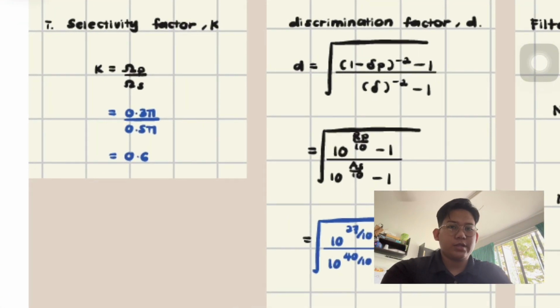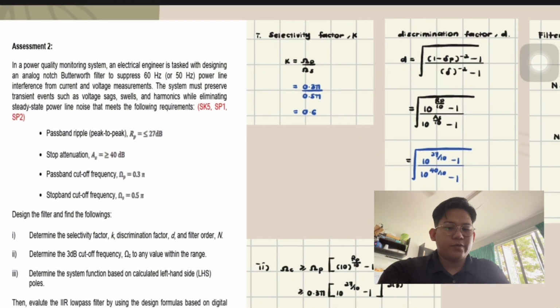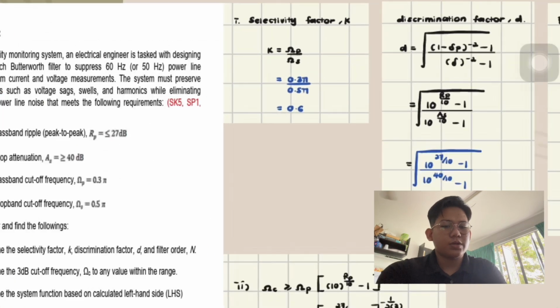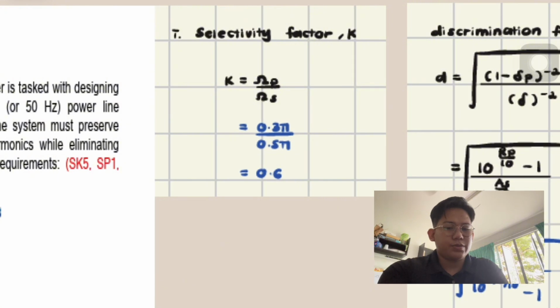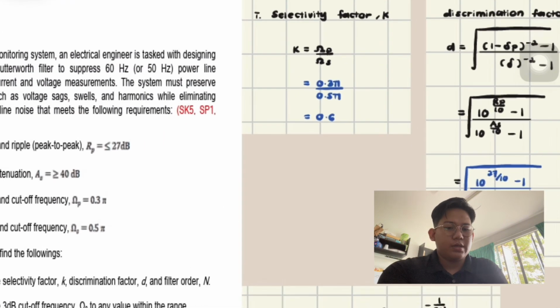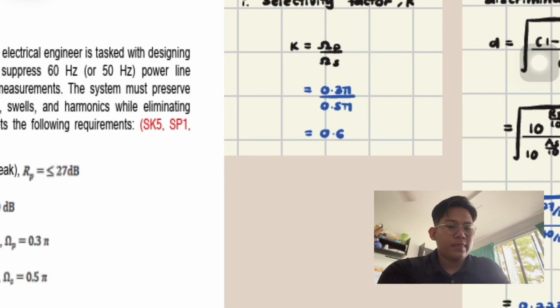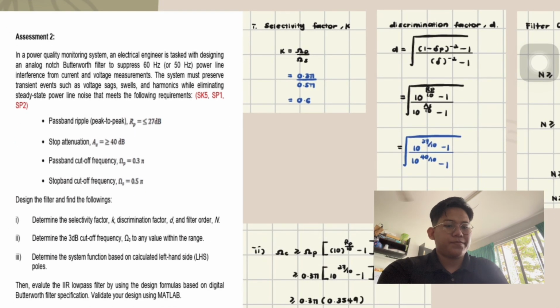As you can see, the selectivity factor K equals omega P over omega S, and from the question we know that omega P is 0.3 pi and omega S is 0.5 pi. So we input the values into the formula, and we get K equals 0.6.